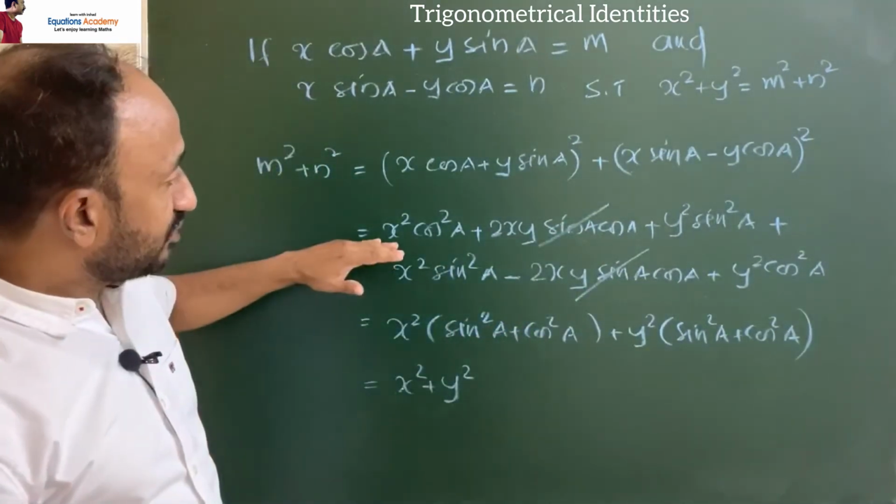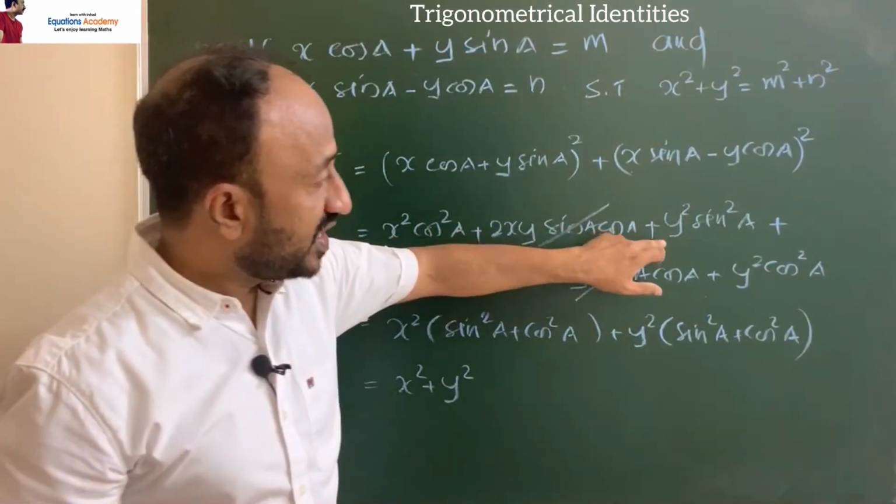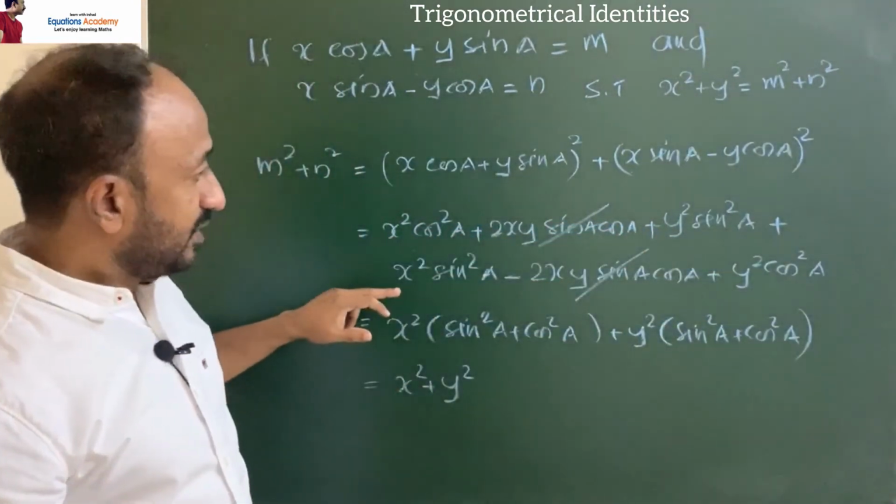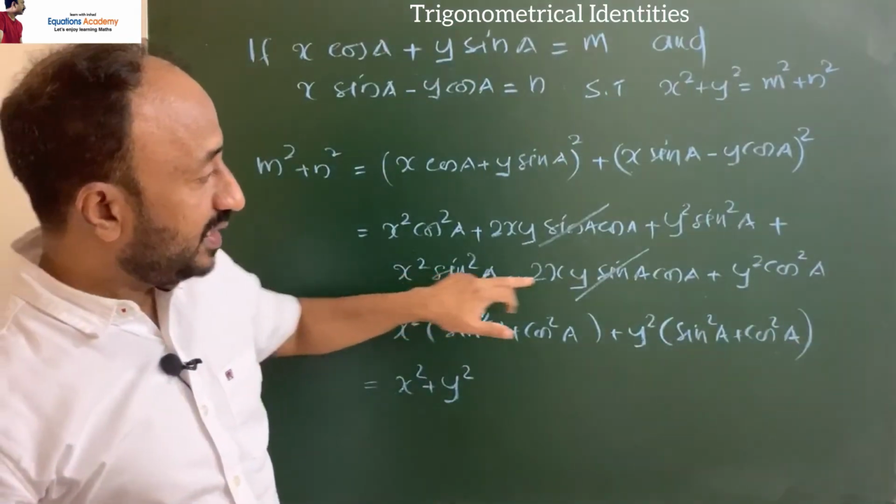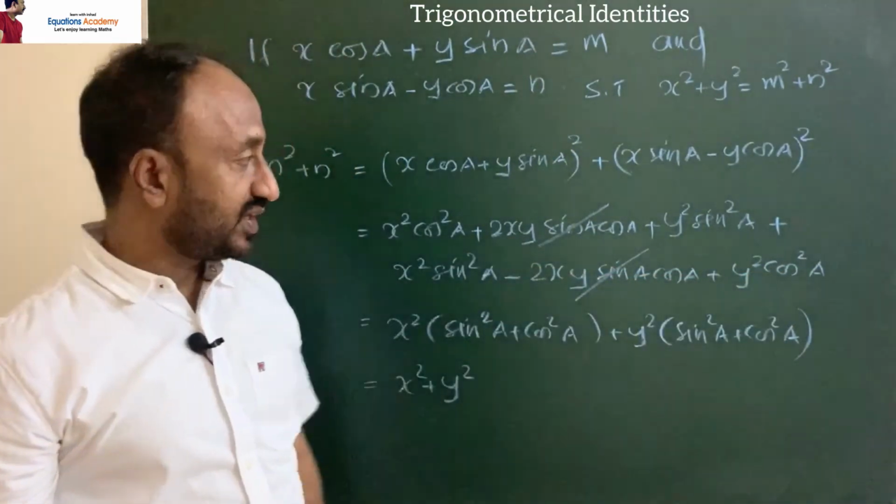So we get x square cos square A plus y square sin square A plus x square sin square A plus y square cos square A.